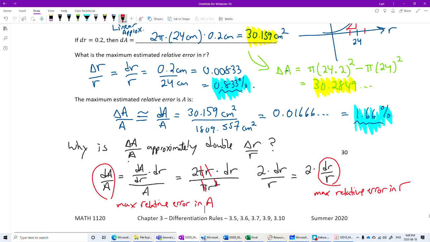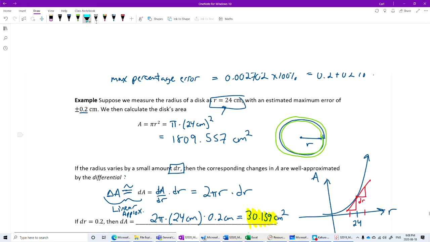So the maximum relative error in A is just double the maximum relative error in R. Double because of this 2. Interesting. Where did that 2 come from ultimately? It came from this 2.